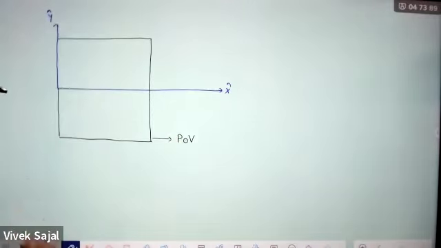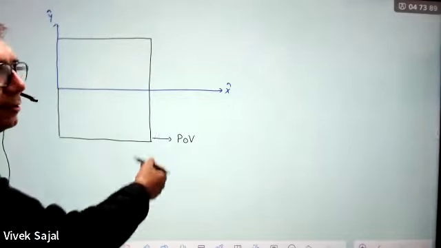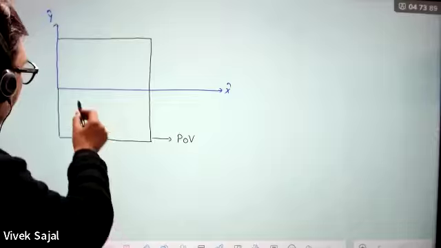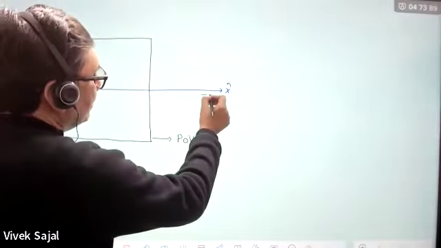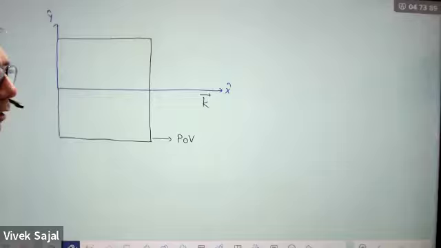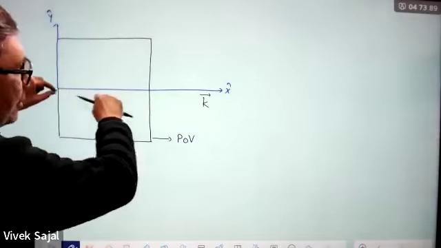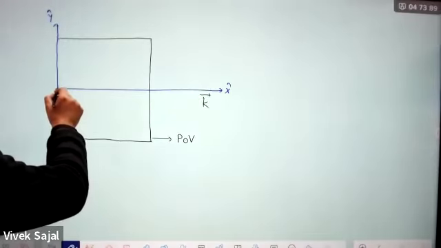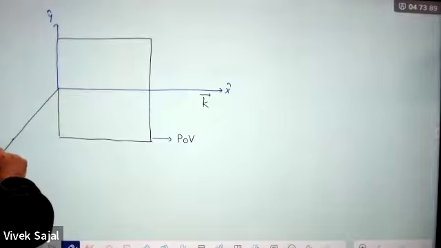Now, perpendicular to this plane and intersecting this plane of vibration along the direction of propagation, this is the direction of propagation, this is k vector here. So perpendicular to this plane and intersecting it along the k vector, there will be a plane here. This is z axis here.